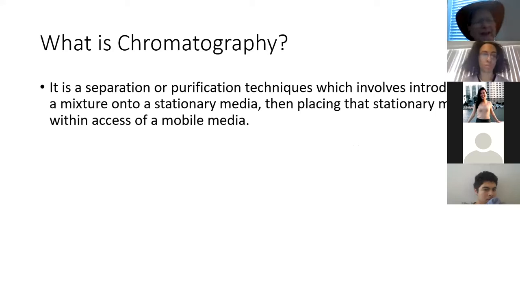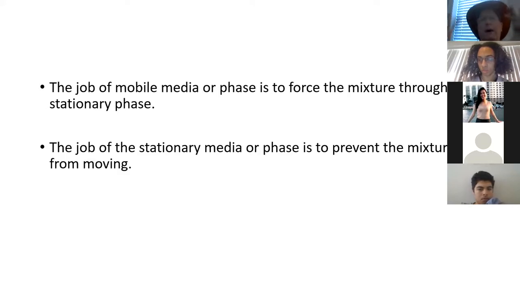So what actually is it? It's nothing more than a separation or a purification technique that involves the use of a stationary media that has access to a mobile media. And what's happening is the job of the mobile media is to force these chemicals through the stationary phase.